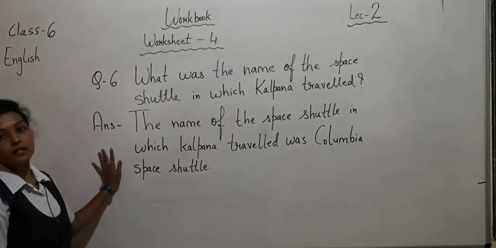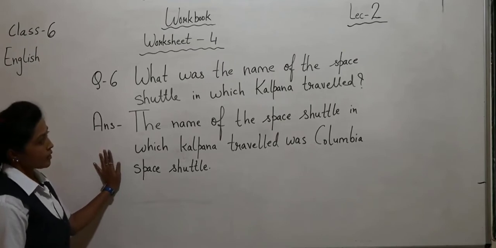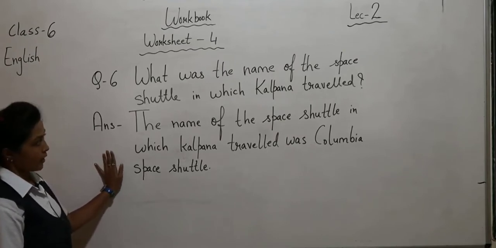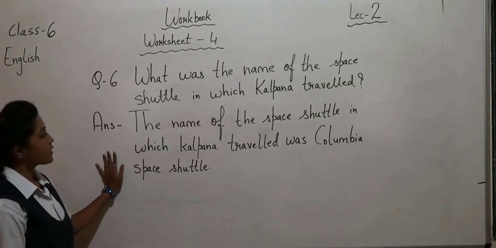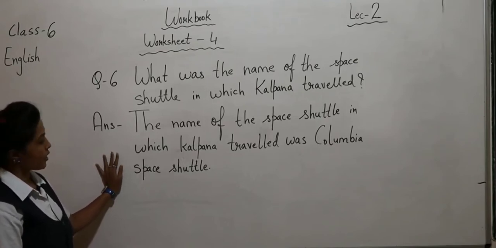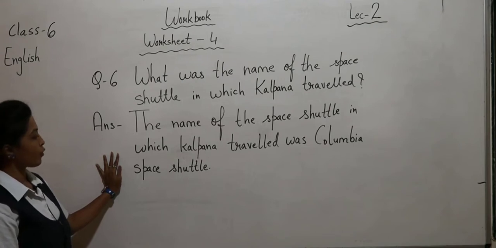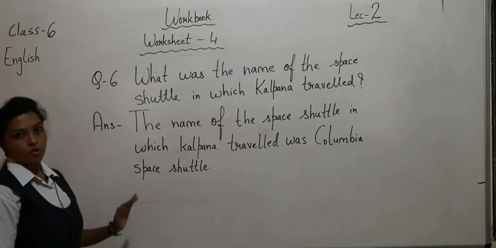So, question 6 is, what was the name of the space shuttle in which Kalpana travelled? Answer is, the name of the space shuttle in which Kalpana travelled was Columbia Space Shuttle.